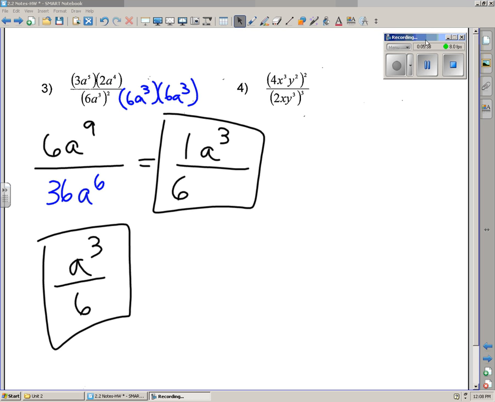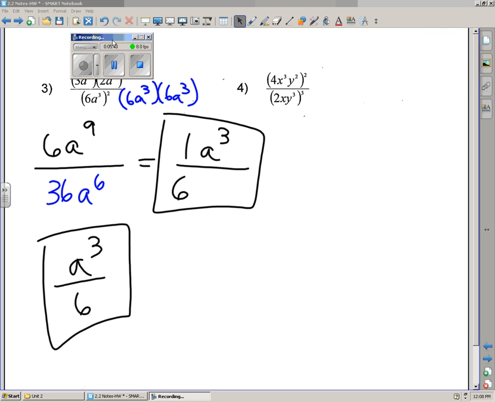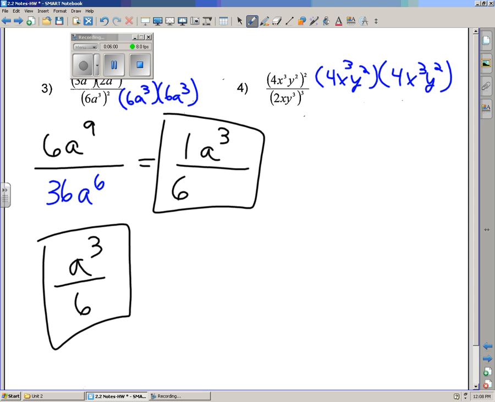Let me slide this if I can over here. Okay, so for this next one, I'm going to write this out. On the top, we've got two parentheses, so we've got 4xy squared, 4x cubed, sorry, and then 4x cubed y squared. In the denominator, we've got 3, and it's 2xy cubed, 2xy cubed, 2xy cubed.